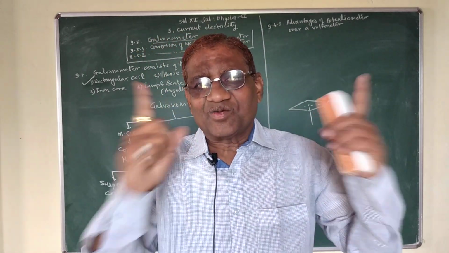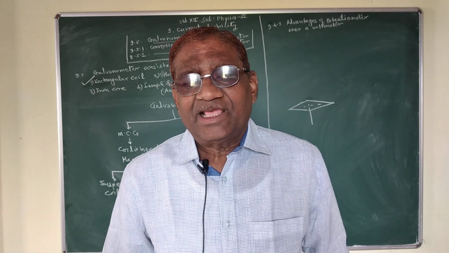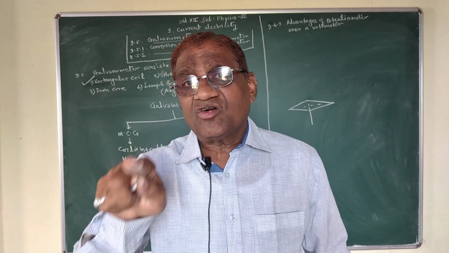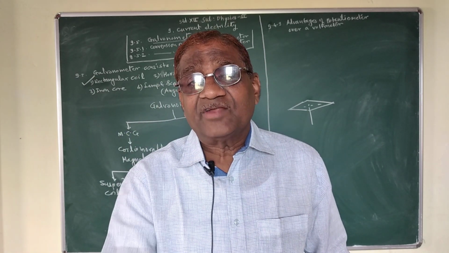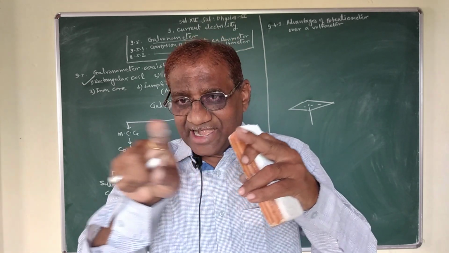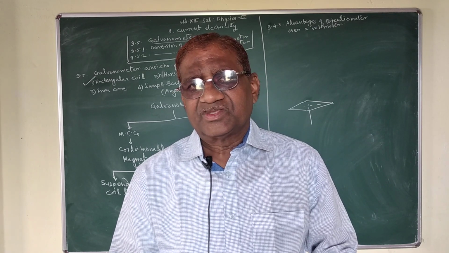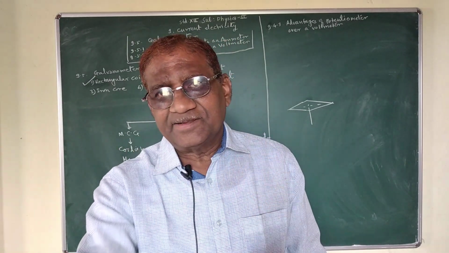This rectangular coil consists of a large number of turns of insulated copper wire, which is wound on a rectangular aluminum metal frame, so that the instrument is made dead beat.